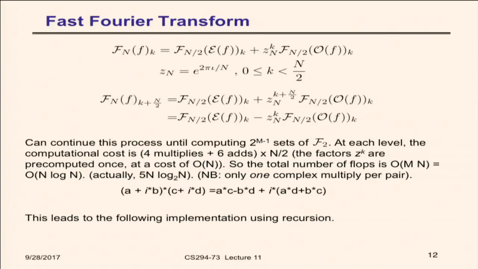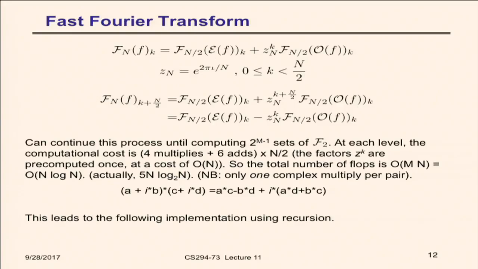Fn of the kth Fourier coefficient for a sequence of length n is the kth Fourier coefficient for a sequence of length n over 2, which are the even indexed inputs, plus z sub n to the k times the kth Fourier coefficient of length n over 2 of the odd inputs. Now that just gets you up to k from 0 to n over 2.